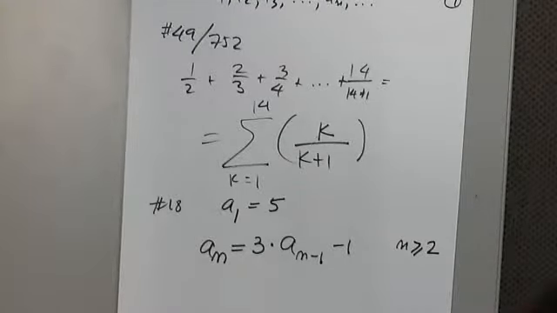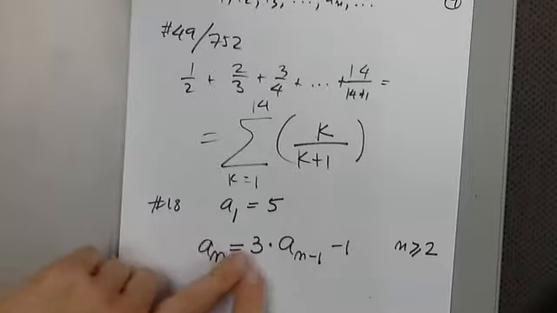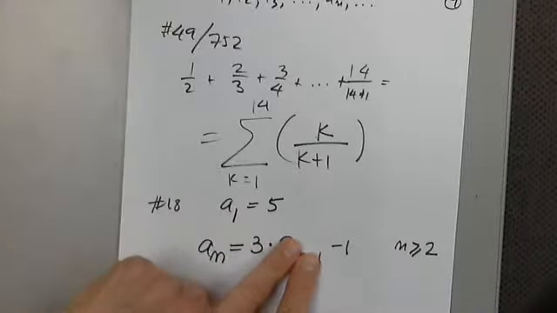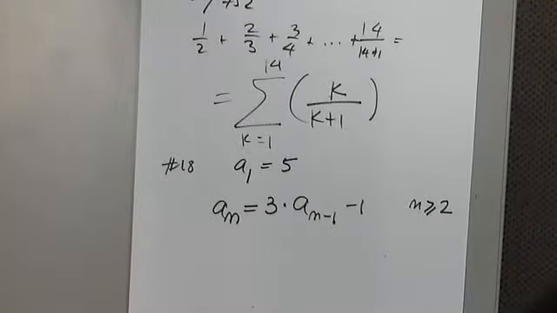So what this means is that, for example, the 10th term is 3 multiplied by the 9th term minus 1. So a sub n minus 1 is just another way of saying previous term.